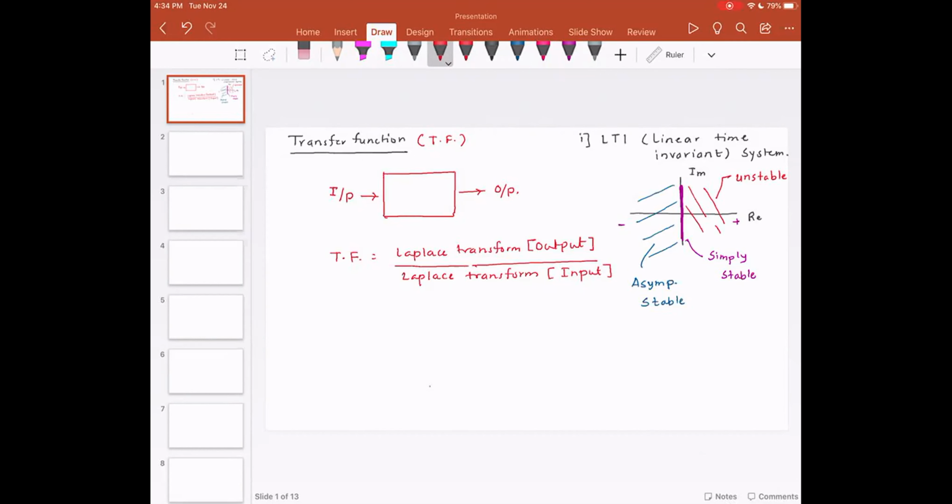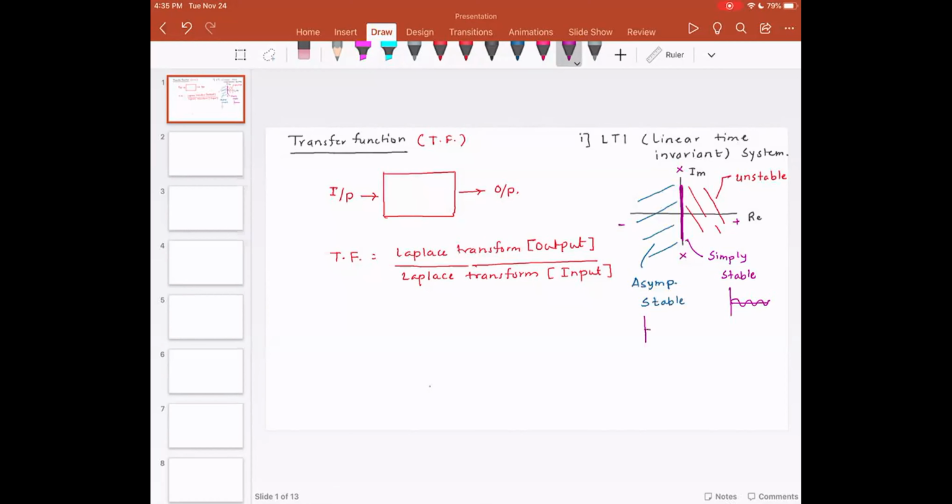Now, what it means is, if you want to make the system stable, you have to cross this imaginary axis. So this axis, which is the imaginary axis, is super important. If the eigenvalues are on the imaginary axis, the system is simply stable, which means your system response is going to look sinusoidal, not growing, not decaying, just staying within bounds.